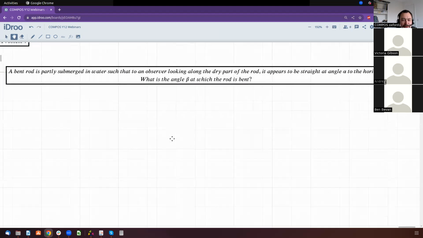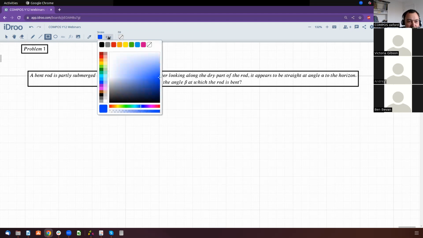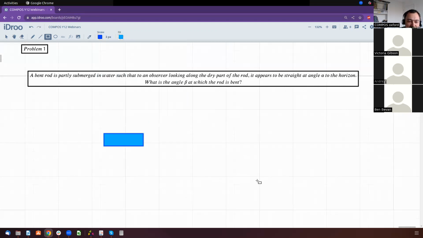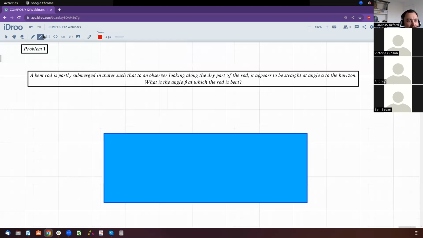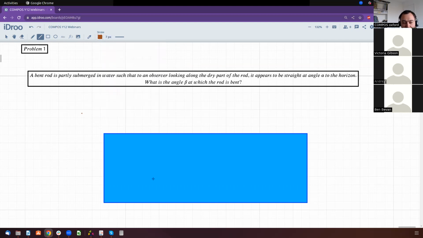This is difficult to imagine without drawing. So let's draw this. You have water. Let's start with drawing water. And then we need to draw a rod, let's make it brown, like a stick. It goes like this, and it's bent.